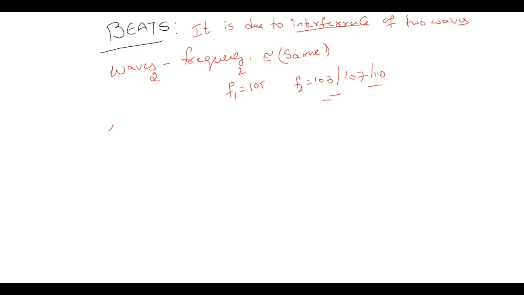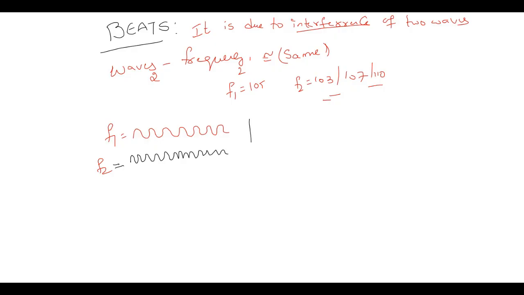Okay, so if you take any wave, let us take one wave. We are having frequency of 1. This is one wave. Let us take another wave of 2. So the frequency of this wave is like this. Okay, they are not same.